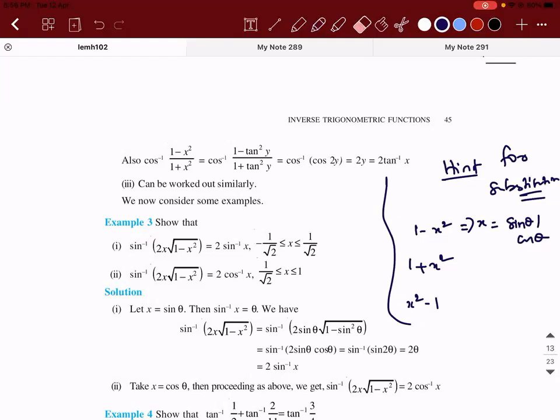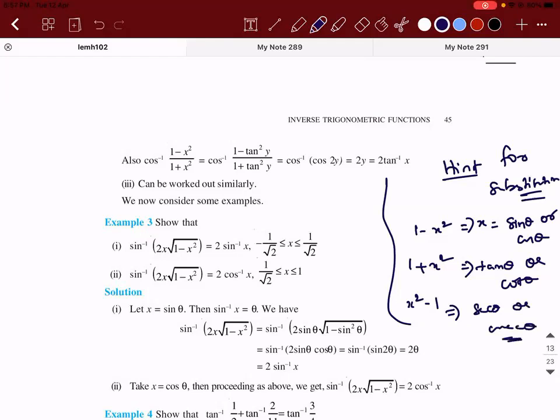Similarly, for 1 plus x square, recollect the identity: 1 plus tan square theta is secant square theta, and 1 plus cot square theta is cosecant square theta. So you can put x as either tan theta or cot theta. For x square minus 1, you can put secant theta or cosecant theta.